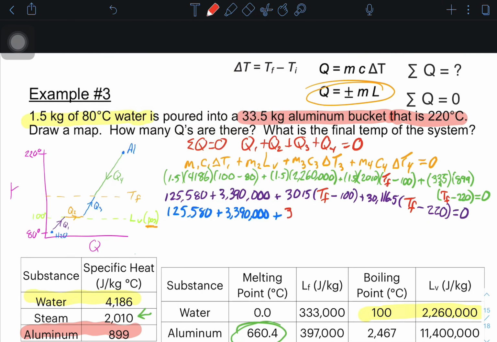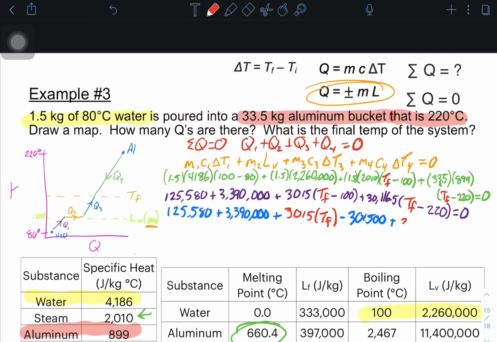We're going to distribute. So we're going to take this times TF, and we're going to get 3,015 TF. And then we're going to take 3,015 times 100. It's going to be a minus, so it's going to be minus 301,500. Then we're going to have to distribute the 30,116.5 times TF.